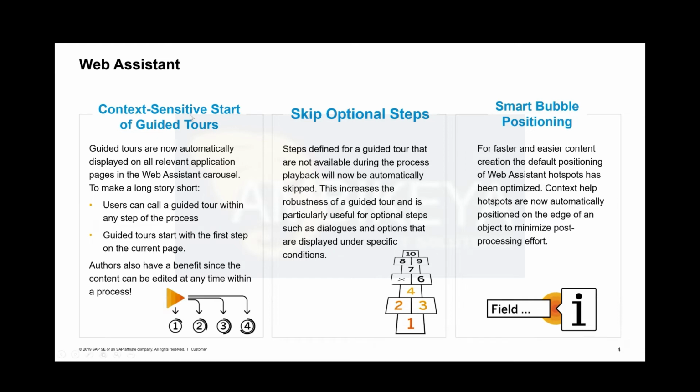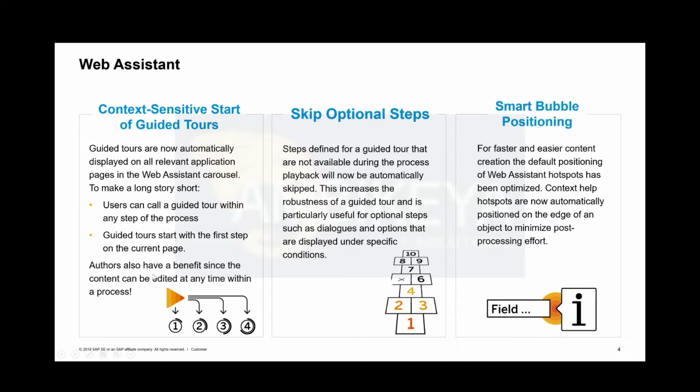Web Assistant. This is a big one for the authors, context-sensitive start of guided tours. Yeah, not only for the authors, for the end users as well. It now acts in the same way as Desktop Assistant also acts if the switch start from arbitrary step is active. That means if I am already in a specific page context, like on form number 2 of a specific app, yeah, if we talk in SAP GUI world, we would be on the Dynpro 2 of a specific transaction.